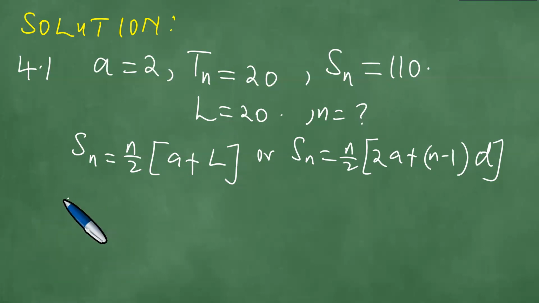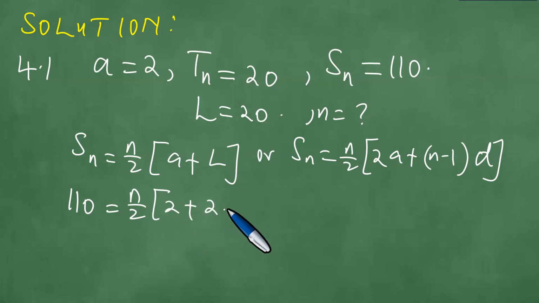Now look, this one is 110. The first term is 2, the L is 20, and the sum is 110. And there are many ways to do this question, but surely this is just one of the ways.